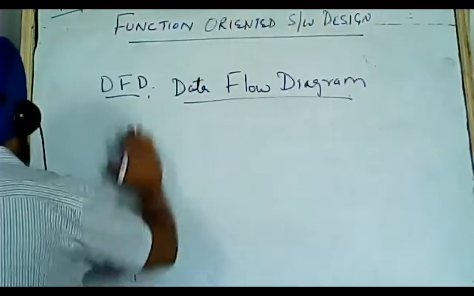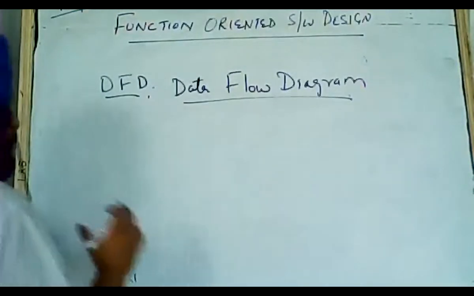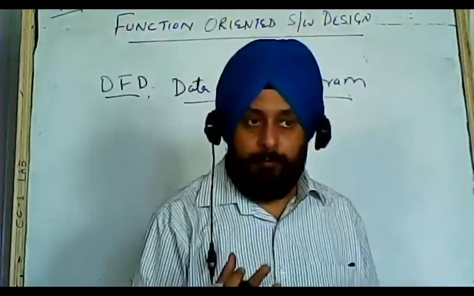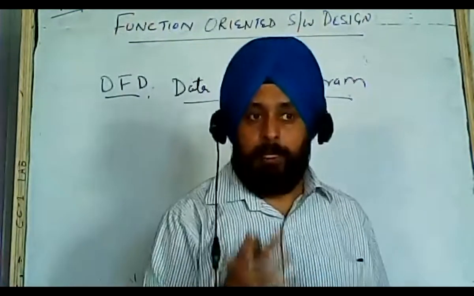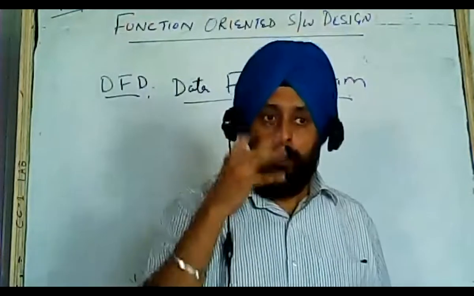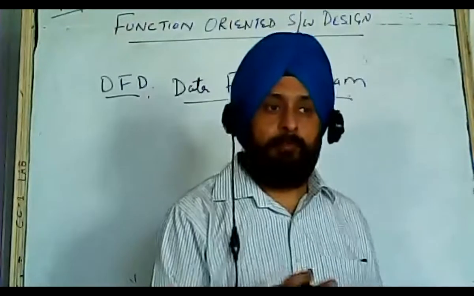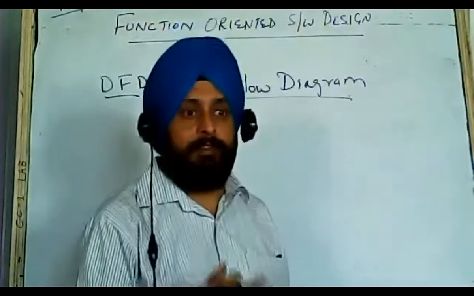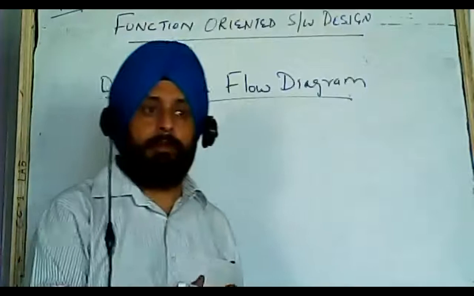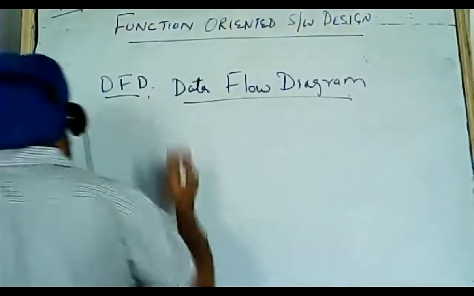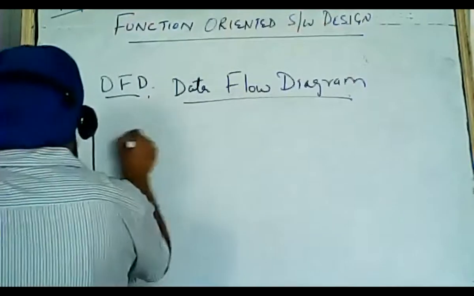So how does it have to be done? It uses some symbols. Since it is a diagram, it is supposed to use some symbols. Those are the basic symbols, and we will see them in the coming examples. First of all, the symbols.